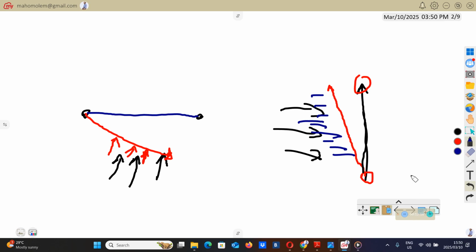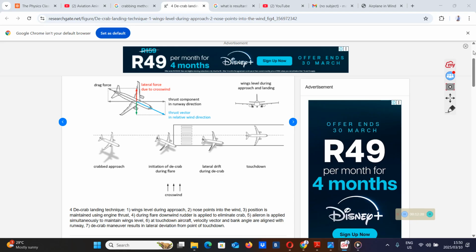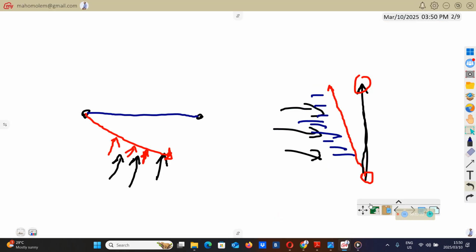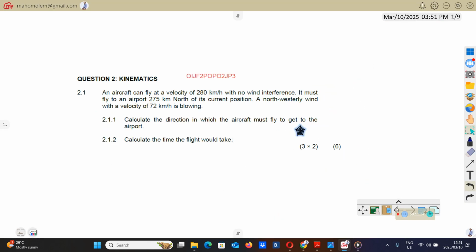Right. So in this question, an aircraft can fly at a velocity of 280 kilometer per hour with no wind interference.